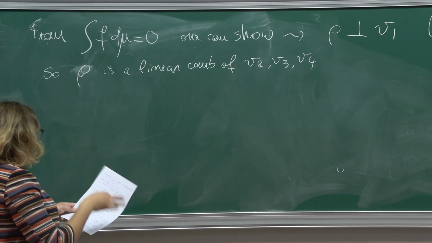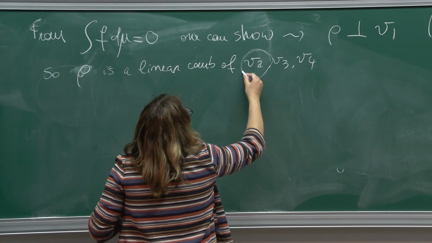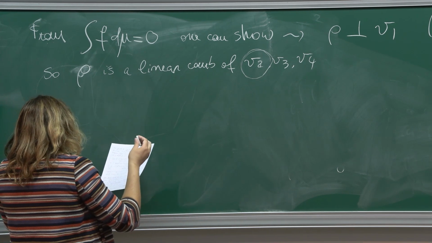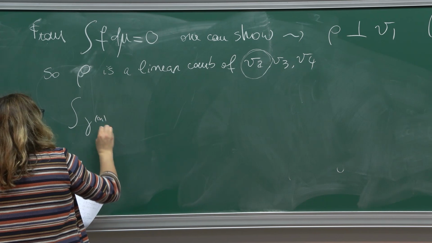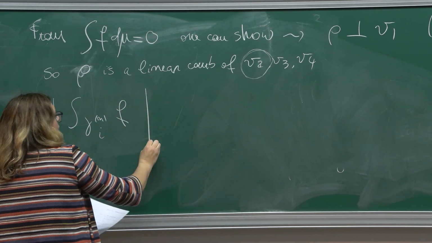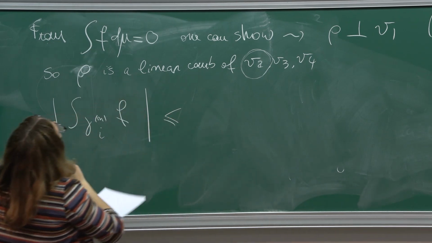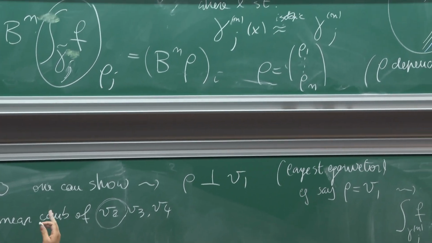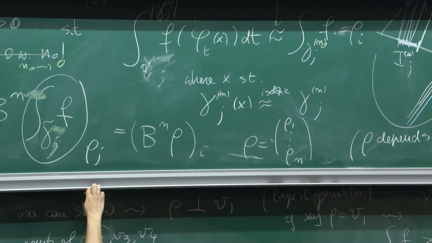So, and this is where the worst deviation I will have comes from how fast V2 grows. So the integral over gamma n j of f is less than... sorry, we forgot something here.